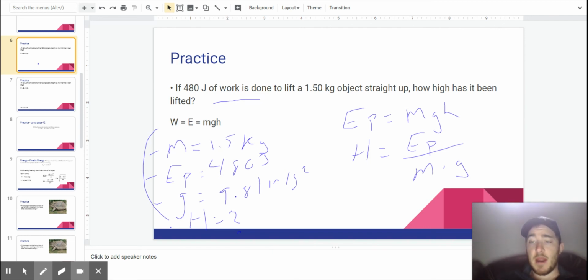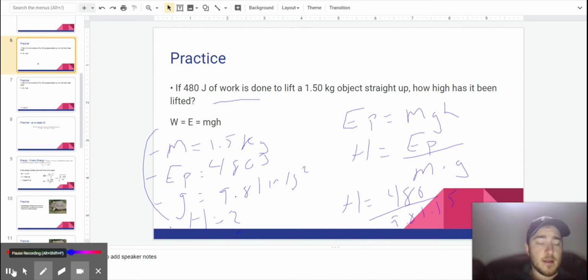And then I just plug in my numbers. Okay, keep it organized. So height equals potential energy of 480 over 9.81 times 1.5. I'm just going to pause the video and type that into my calculator.